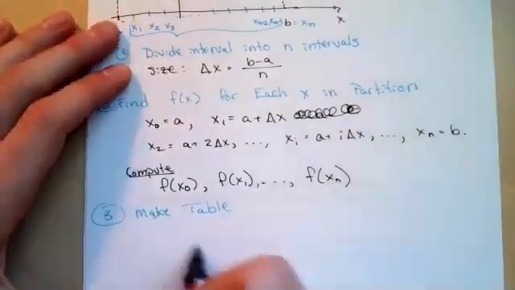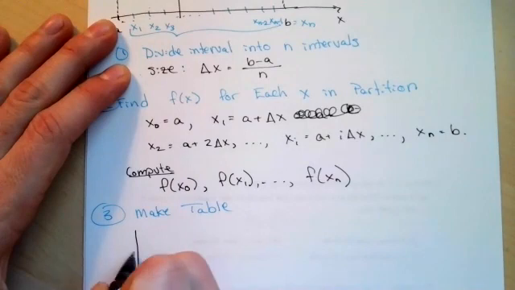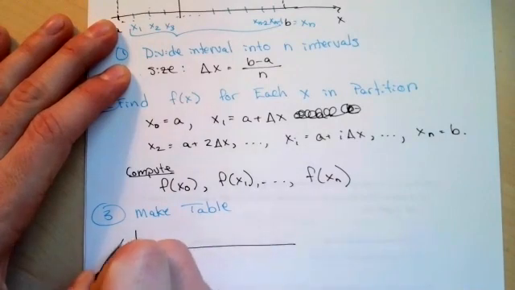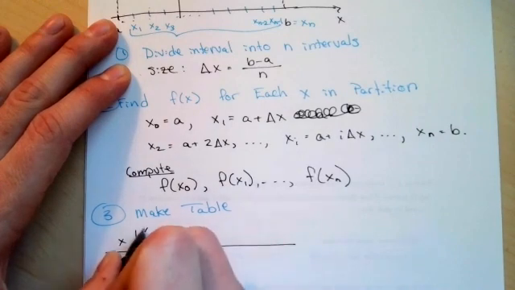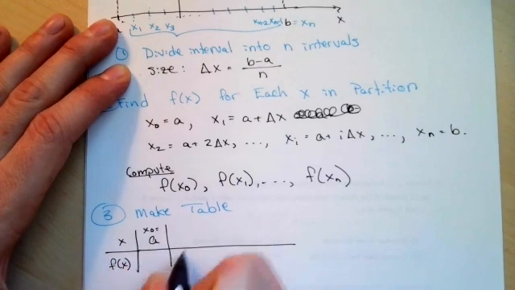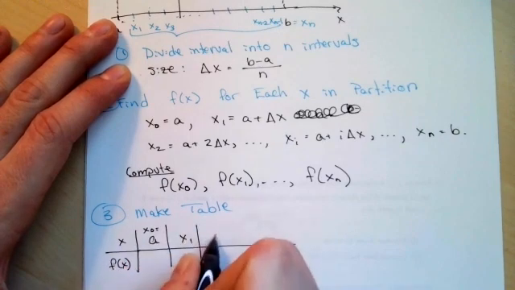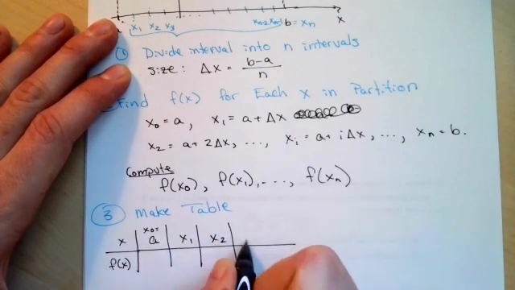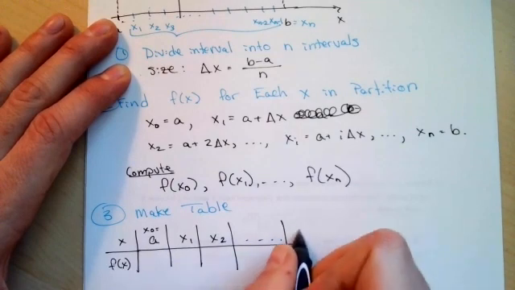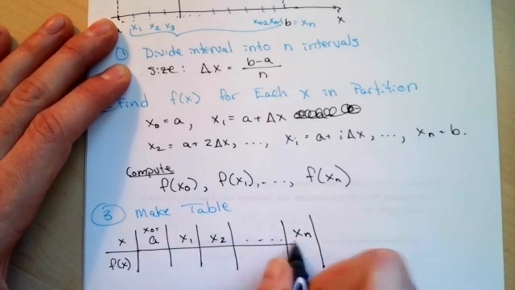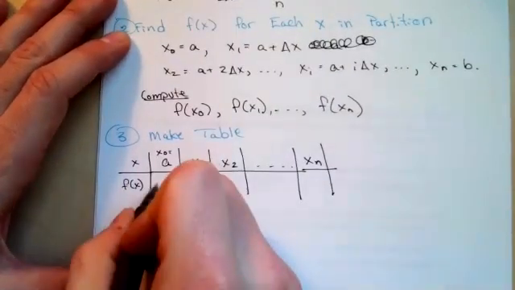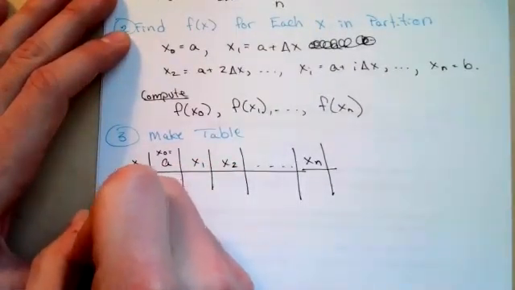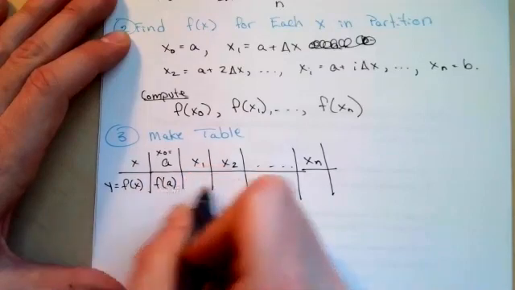But what we're going to have now is our table of x values and f of x values. So the first x value is a, of course, which was x0. Then you've got your x1, your x2, all the way up to xn. You're computing the y values that correspond to those.